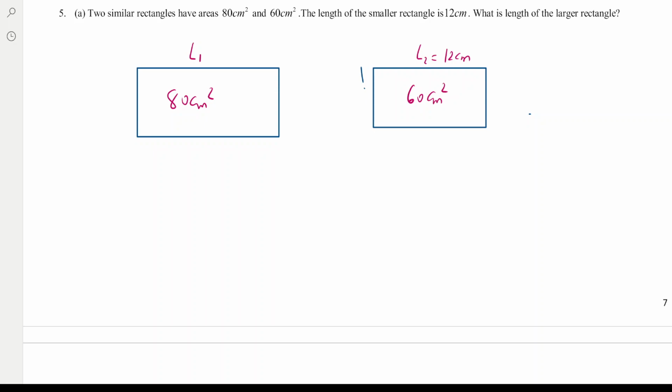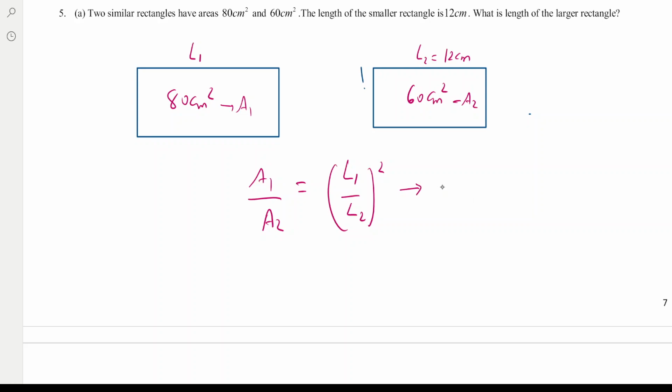As long as these two rectangles are similar, the ratio of area, let's say A1, A2, taking A1 over A2 is the same as taking L1 over L2 squared, dear students.